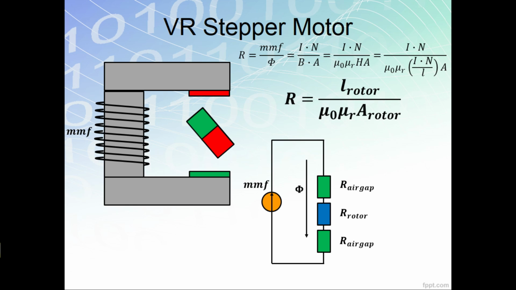And as the motor rotates, the magnetic reluctance decreases, which creates a higher magnetic flux. This is why, as mentioned earlier, the variable reluctance rotor rotates to a position which gives minimal reluctance.